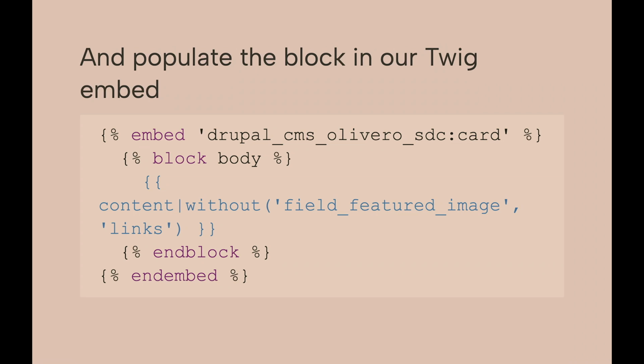Yes? I was just wondering, is there any discussion of making the directory structure for single directory components a little more flexible, so it can match up a little better with a storybook like listed components? Yeah, so the question was, is there any discussion about making the directory structure a little bit more flexible?